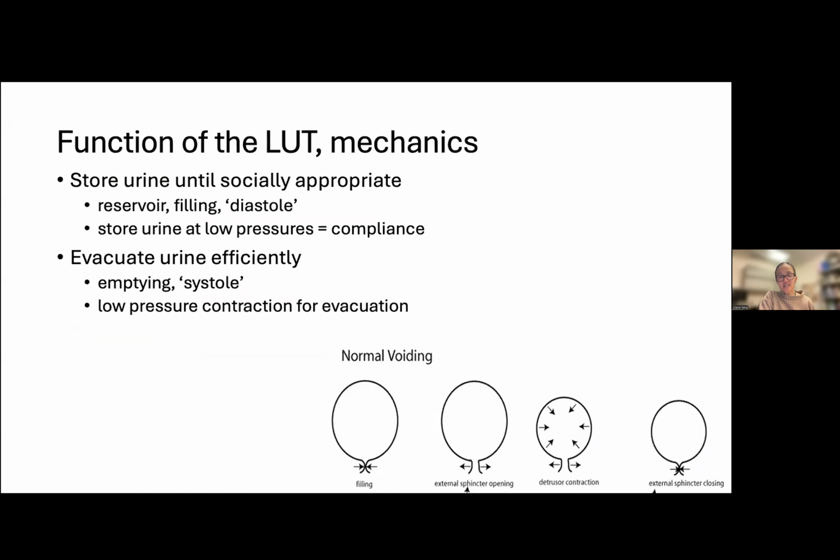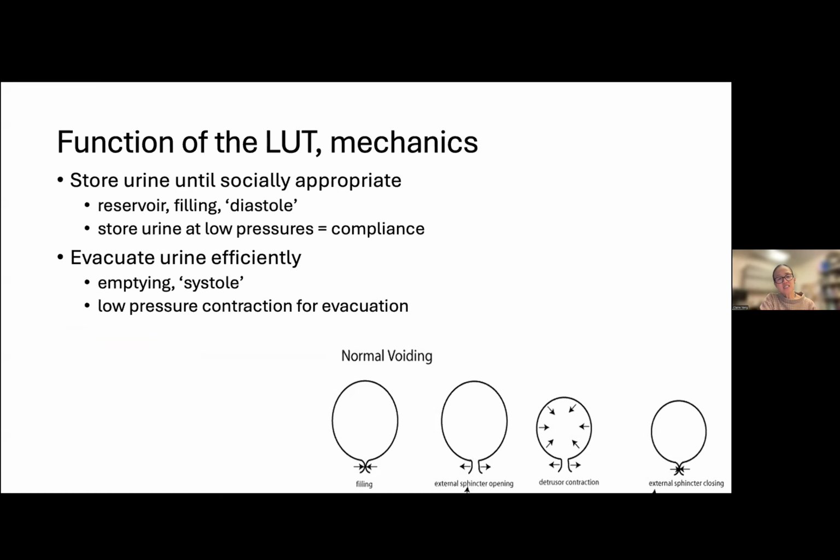During this filling phase, which you can compare to diastole in the heart, it's important for healthy function to store urine at low pressures, and that's called compliance. As I tell my trainees, it's the phase where the bladder is supposed to be stretchy, so that it can fill and hold volumes of urine at low pressure.